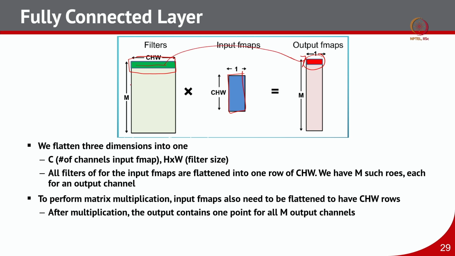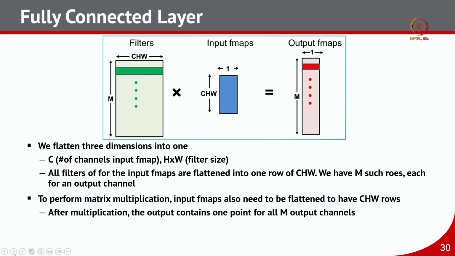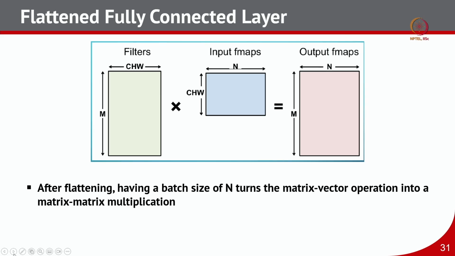Since there are M such filters, we will get M such values, and M is the number of channels in the output feature map. Once the first row is done, we will move to the second row to get the second pixel of the output feature map from the second filter, and so on and so forth.